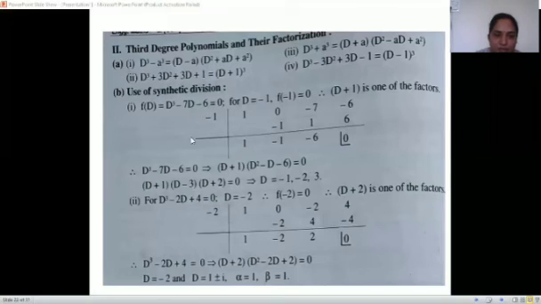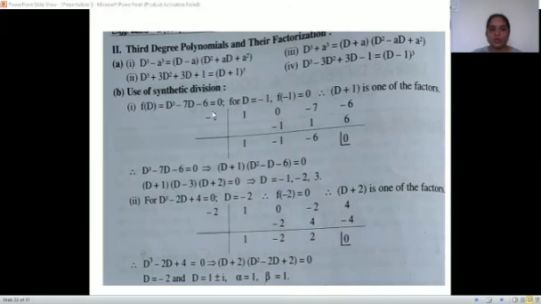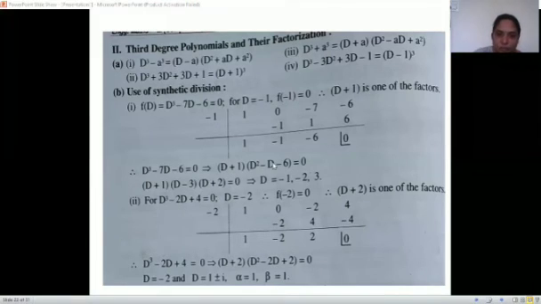And how can you write this? d cube minus 7d minus 6 can be written as d plus 1, d minus of that number. So it is actually -1. How we write factors is, if we have a root, we have to write minus of that root. So d minus of -1, that is d plus 1, into whatever remained here. How to write that?